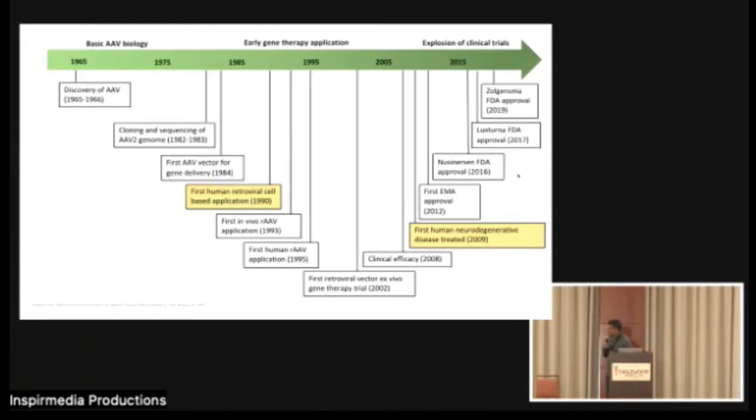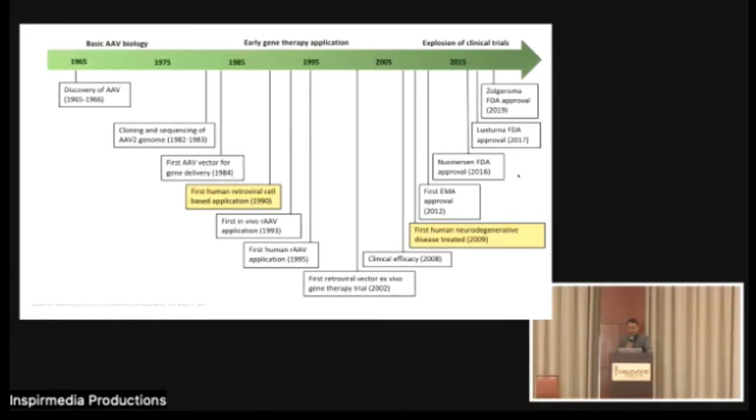I know this is probably small print and hard for people to see, but just to highlight that the history of gene therapy has been a long time in the making, starting with the 1960s discoveries of Adeno-Associated viruses, cloning and sequencing of the AAV2 genome, first applications of what's called a human retroviral cell-based therapy.